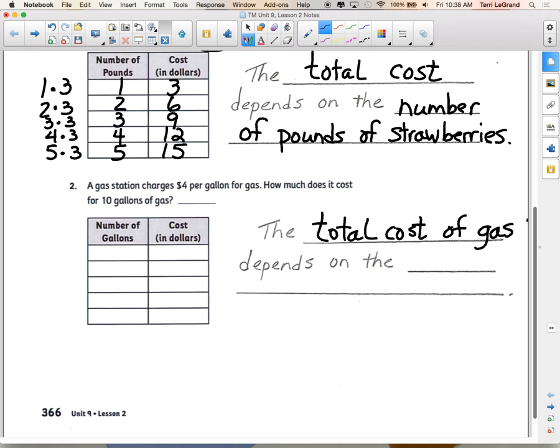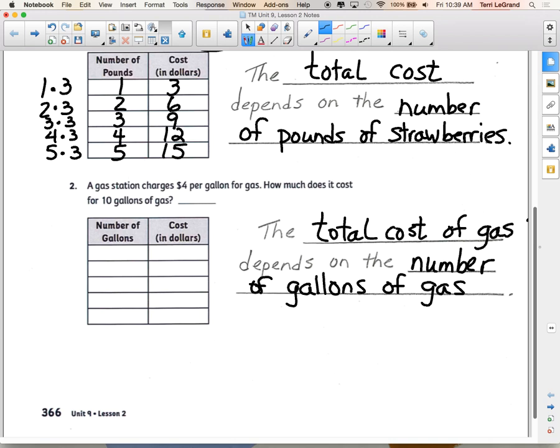Again, not just cost, because we already know there's another cost involved in this, and that's the price per gallon. So the total cost of gas depends on the number of gallons of gasoline. So the output depends on the input.